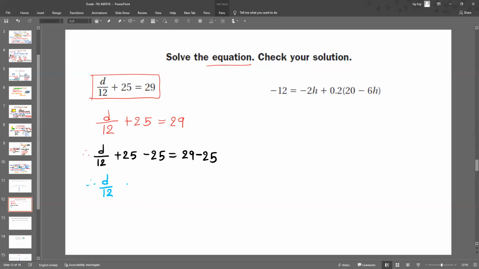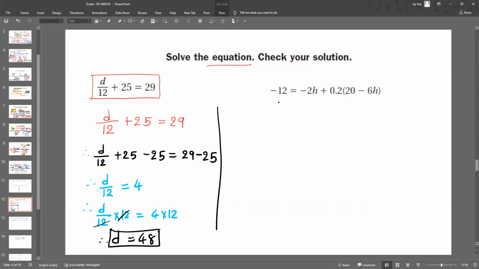So d by 12 is equal to 29 minus 25, that is 4. Now I can multiply by 12 on both sides. So 4 multiplied by 12, and on the left the 12 cancels out, so d is equal to 12 fours are 48. Understand?